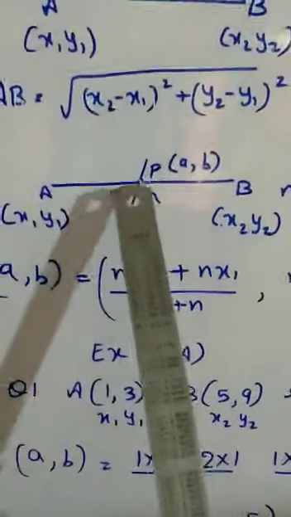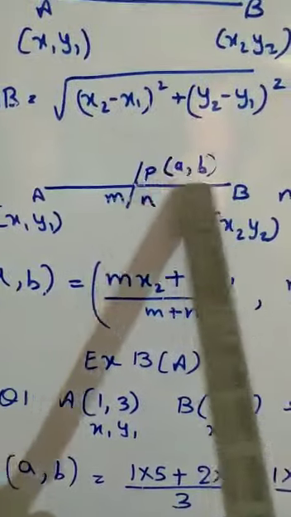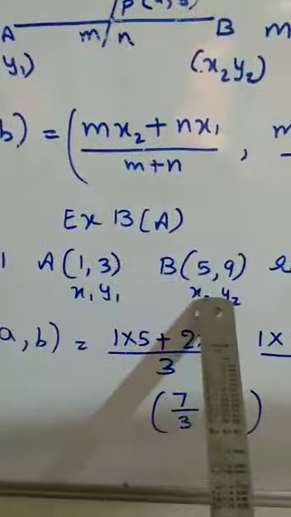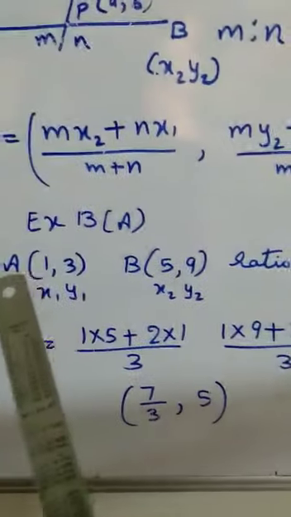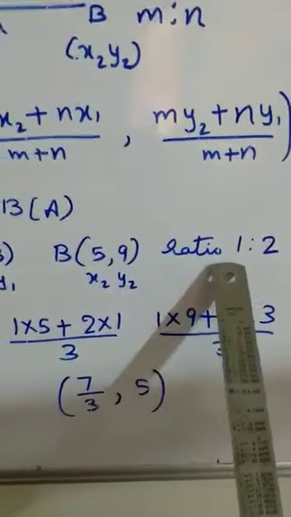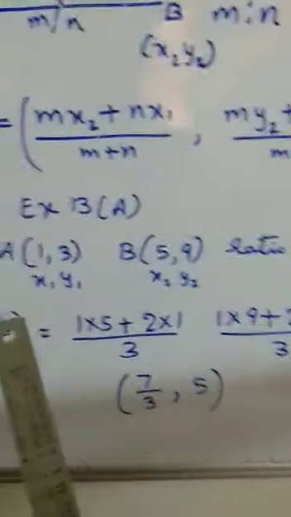That means they have given us the ratio. They want us to find the coordinates of point P, and they have given us the coordinates of A and B. So this is my M, this is my N, this is my x1, x2, and I'll get my a. Using the ratio with y2, y1, I will get my b.